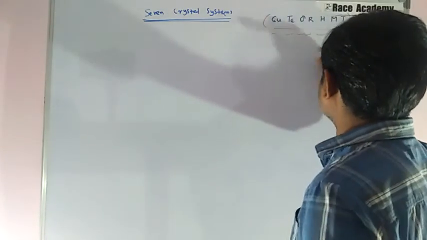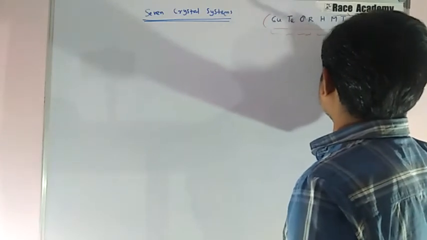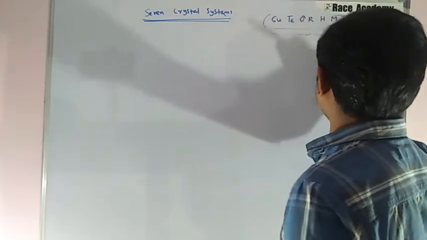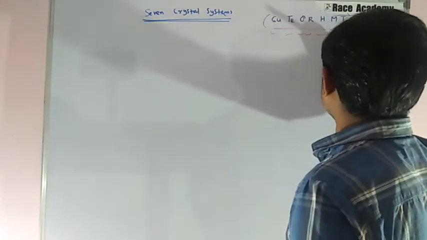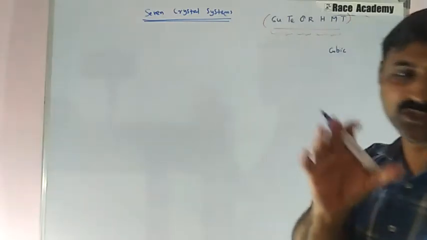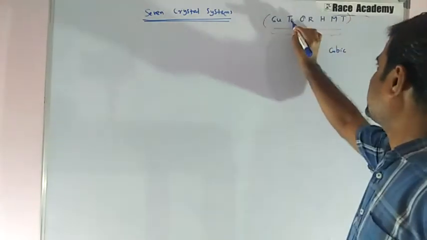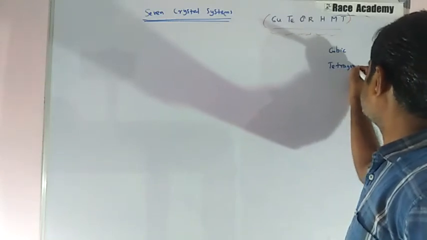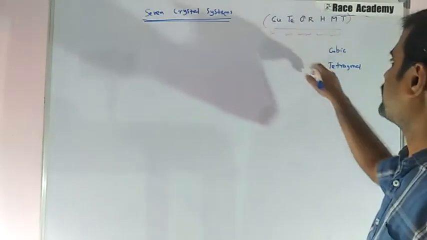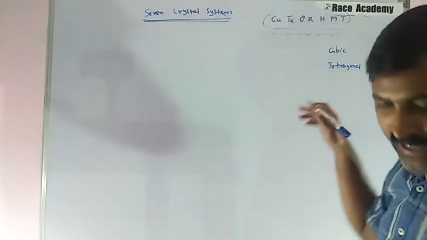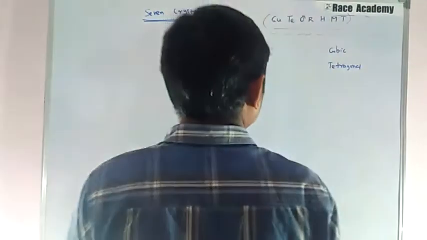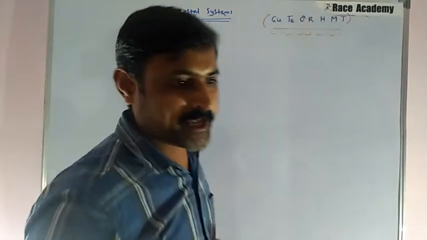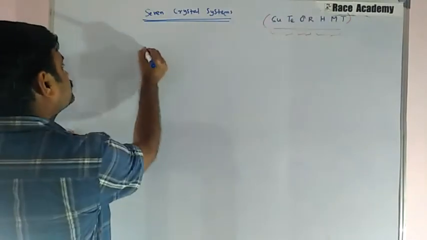In this, my idea is CU, TE. CU is nothing but the cubic system. TE stands for tetragonal system. I will write here the name of the crystal system.